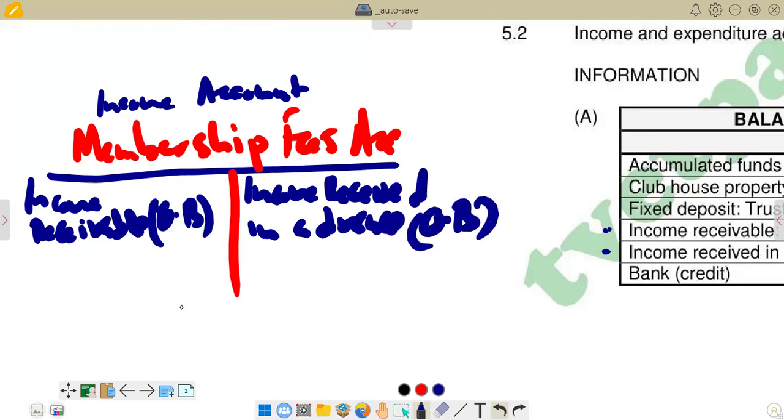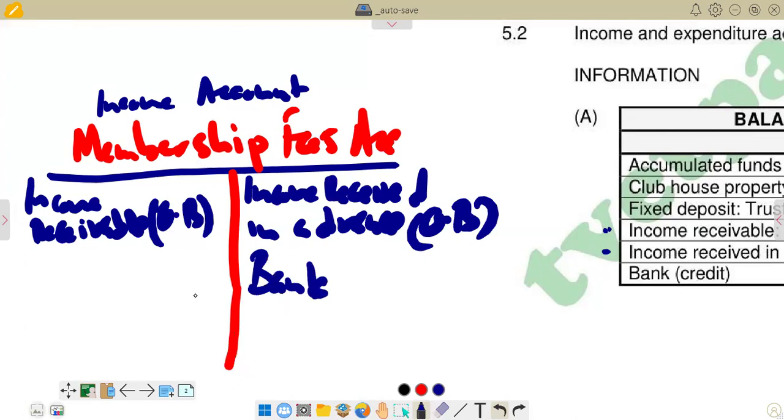Then any amount that has been received in terms of our membership fees, remember, membership fees is an income account. So whenever we receive, we put that transaction on the credit side. We receive that amount through bank, so anything received during the year, we put on the credit side, and then you debit the bank.